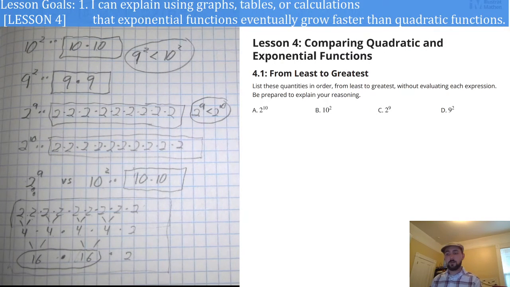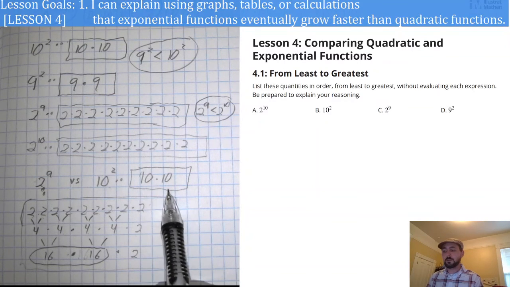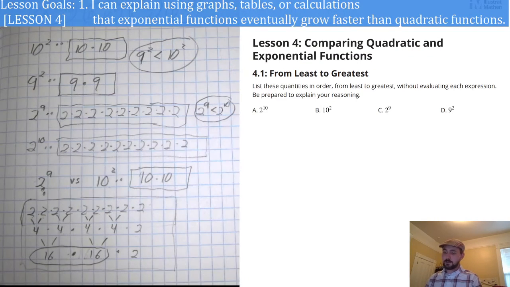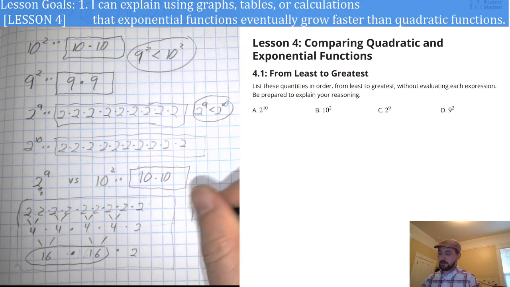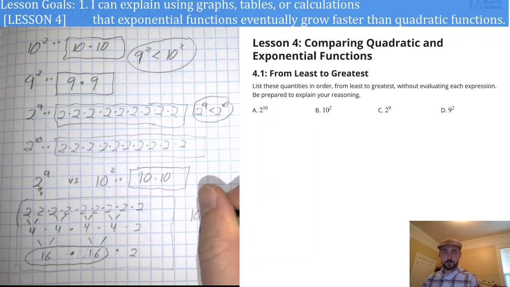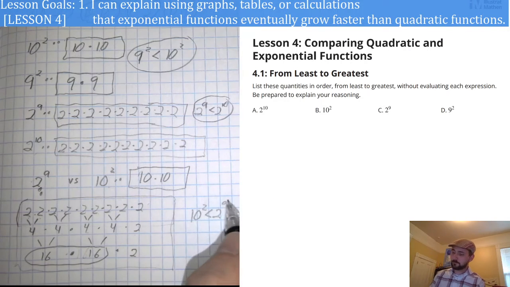And I can do that without actually finishing this, right? I don't even need to know what 16 times 16 is to say that it's got to be bigger than 10 times 10. So this tells us that 10 squared is smaller than 2 to the 9th.